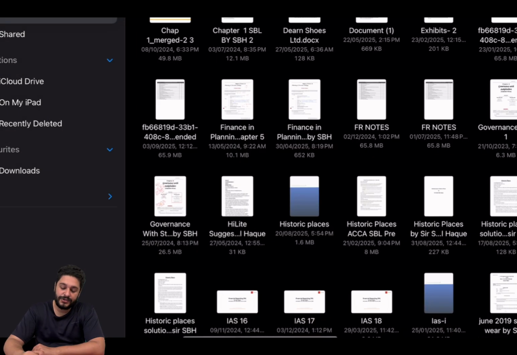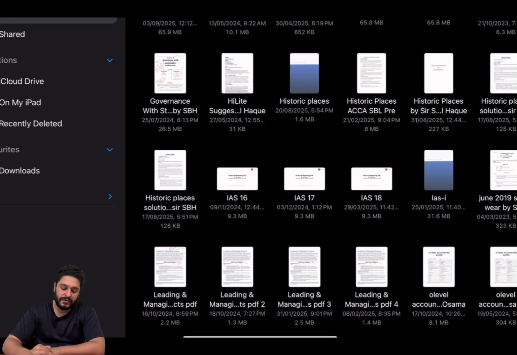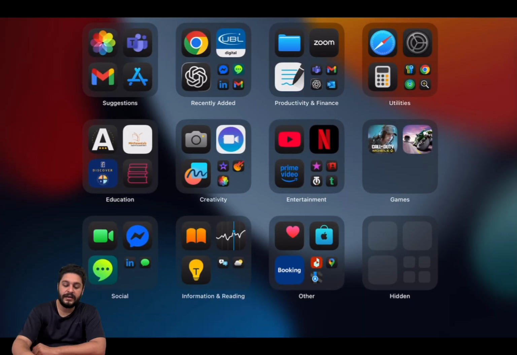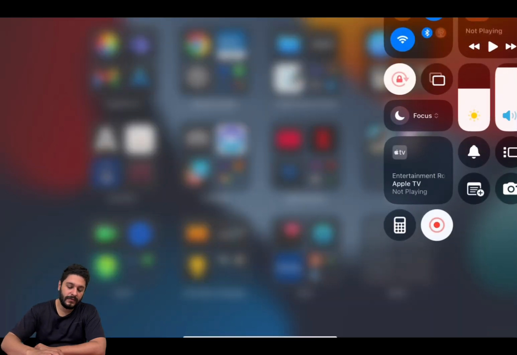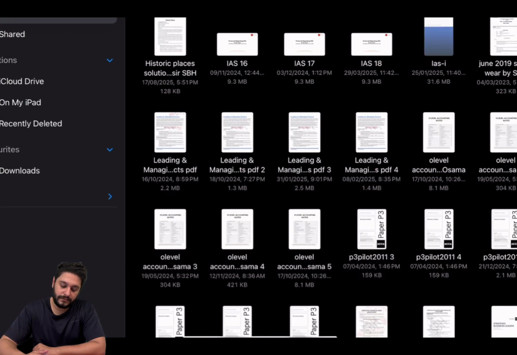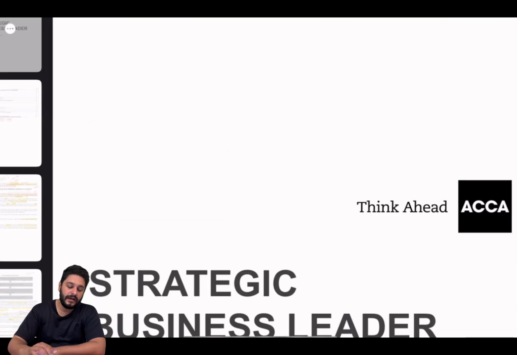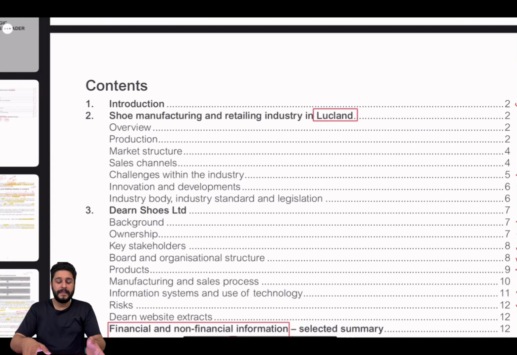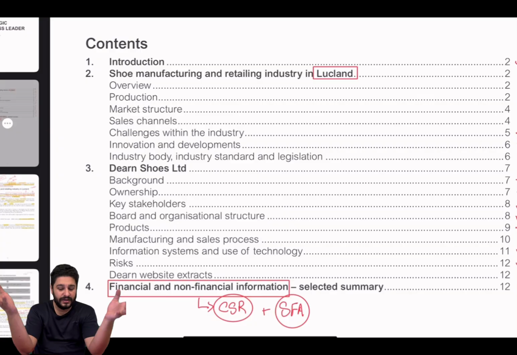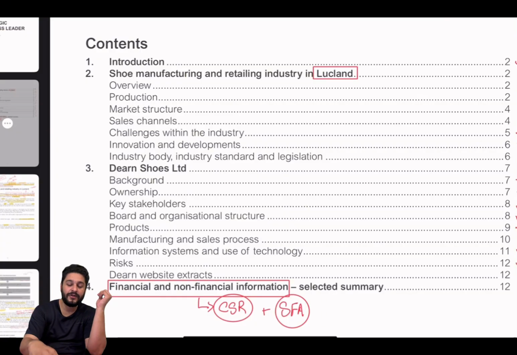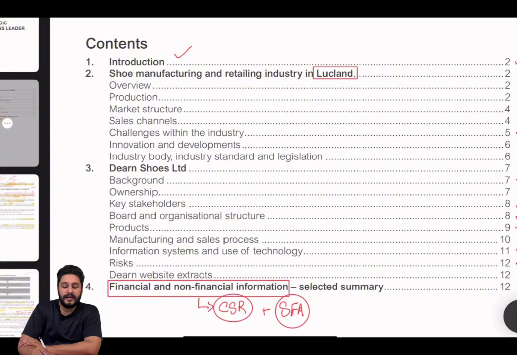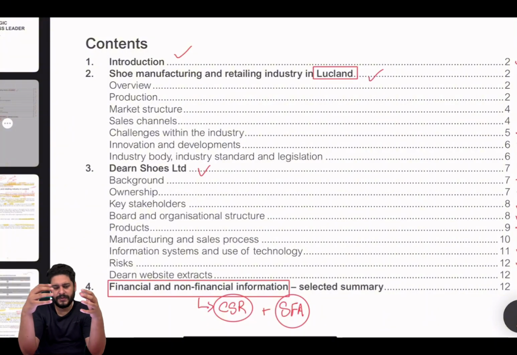This is the pre-seen uploaded by ACCA before the examination. This pre-seen includes the introduction of the company, then the industry introduction, and the shoe company introduction. So there are three types of information that are normally given.